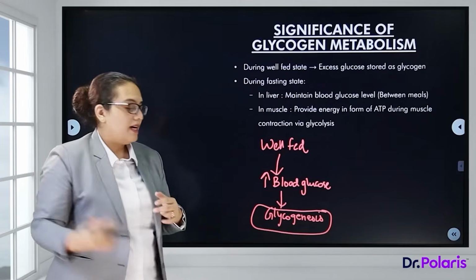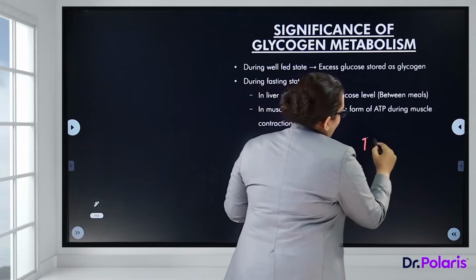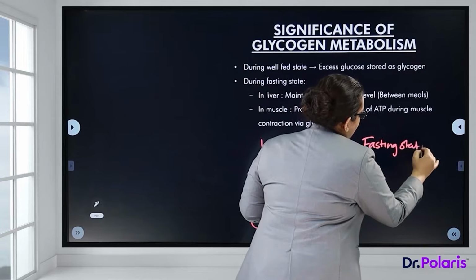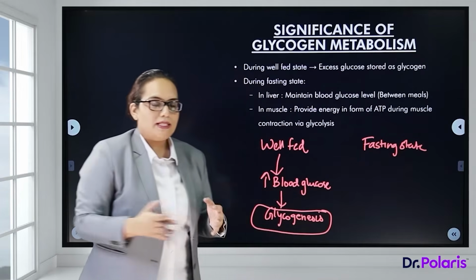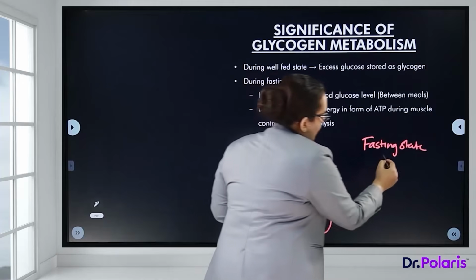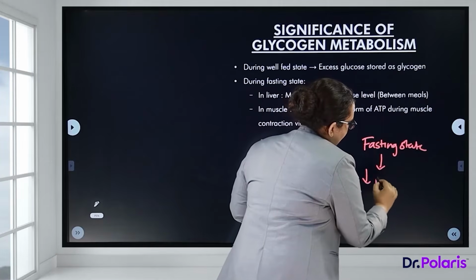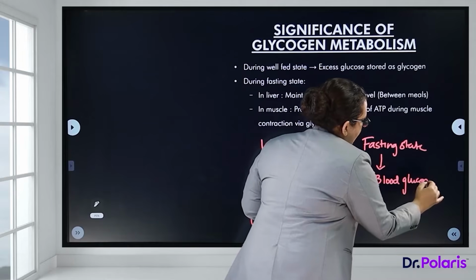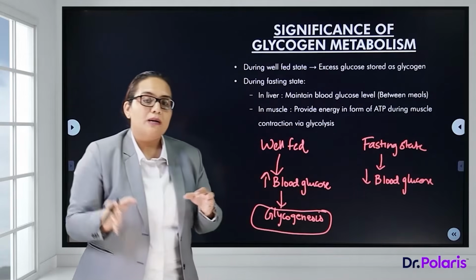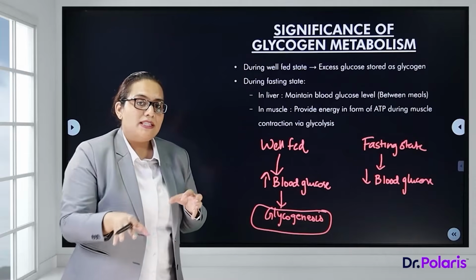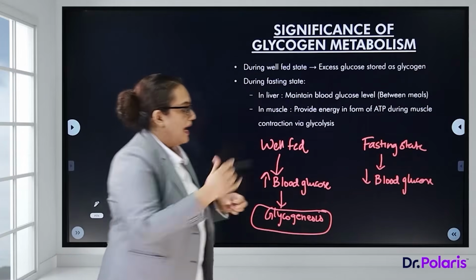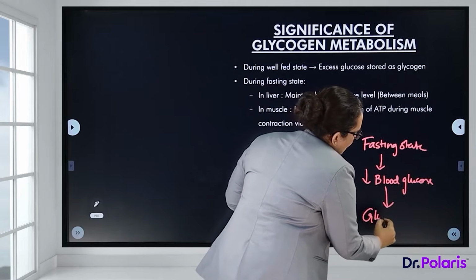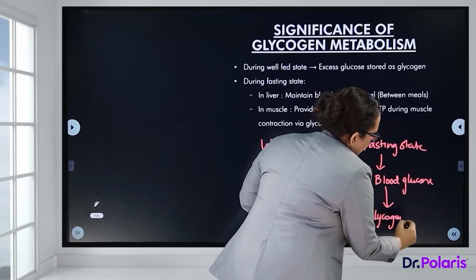Now, what happens in the fasting state? Yes, you have not eaten any food for quite some time. Your blood glucose will tend to decrease after a period of time. So this is when glycogen comes to our rescue. Glycogen, especially that stored in the liver, helps increase the blood glucose level by the process of glycogenolysis.